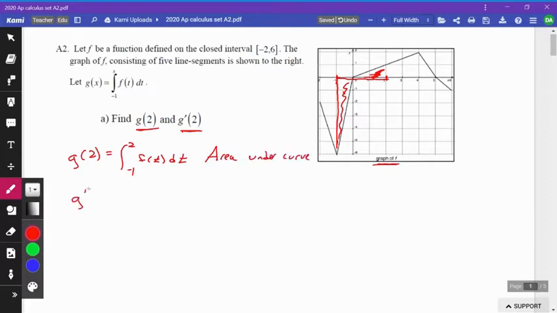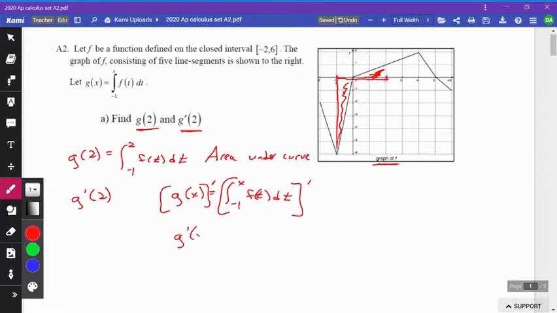In order to find g prime of 2, there's a few things that we've got to remember. First of all, g of x equals the integral from -1 to x of f of t dt. So if I take the derivative of both sides, what that gives me is g prime of x is going to equal, by the second fundamental theorem, f of x.